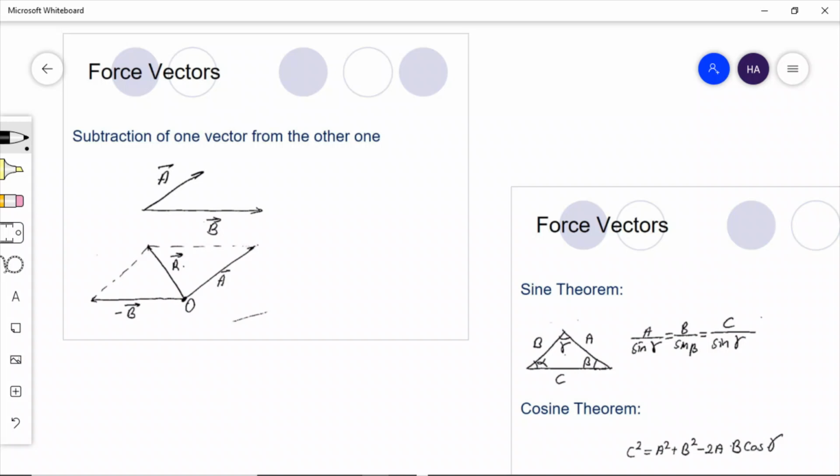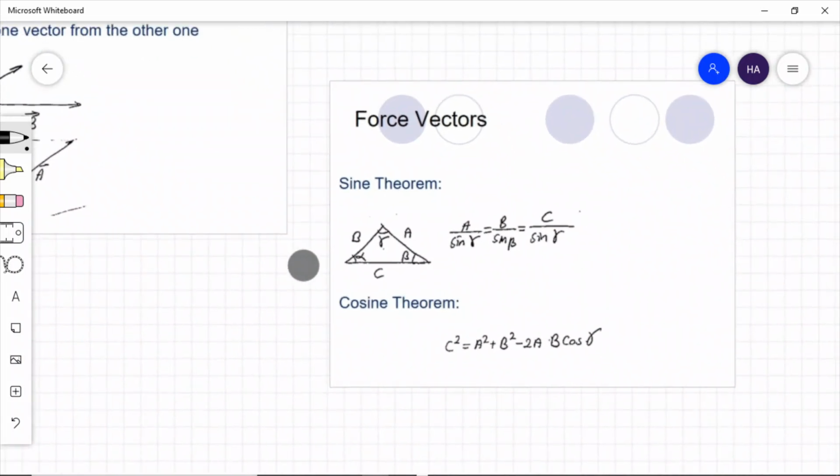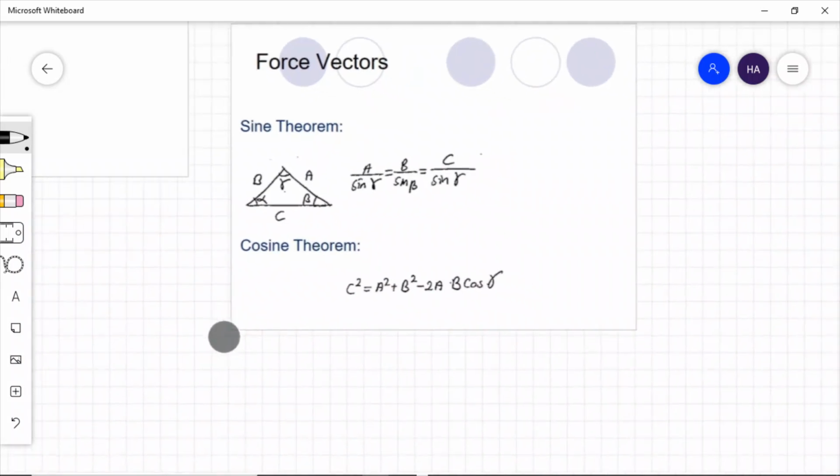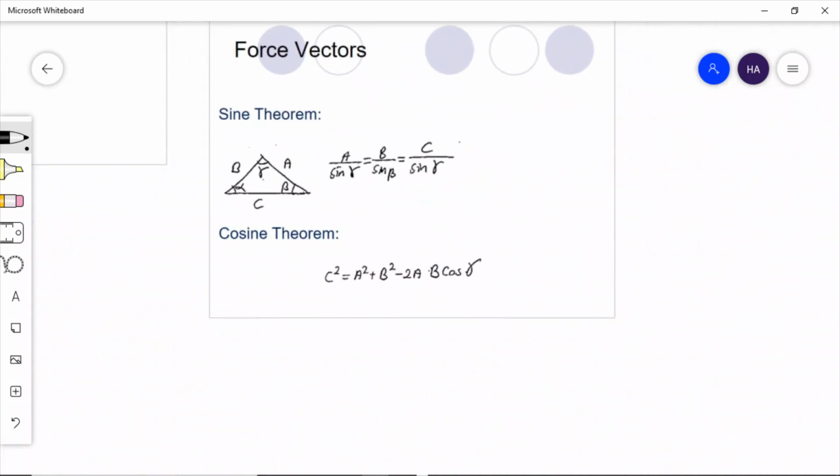Now, you may draw a vector on a paper and measure it with a ruler, but better is to use some trigonometric or geometry principles. So the first thing is the sine theorem. The sine theorem tells me that if you have a triangle with angles alpha, gamma, and beta, with the edge lengths A, B, and C, A divided by sine alpha, so alpha sees the edge A, right?